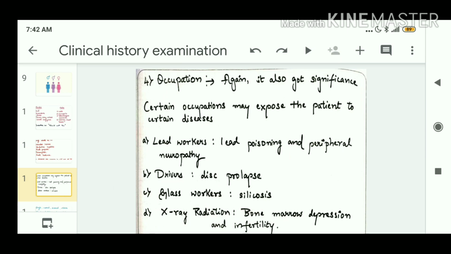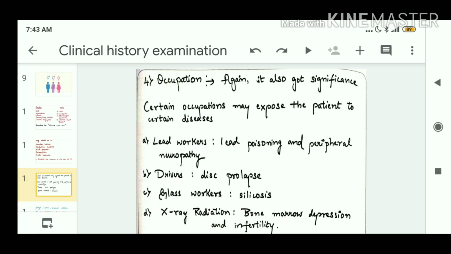Next to the age, you should know the occupation of the patient, because some diseases are caused by the occupation as well. Certain occupations may expose the patient to certain diseases. That's why occupation is important.